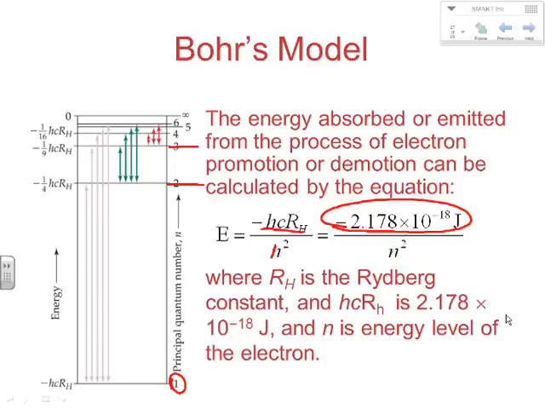Then you would calculate your energy with a 3 for N, and take the difference in those two energies, and you would see how much energy was absorbed or released when an electron jumped from the second to third. That would be absorption of energy, or fell from the third down to the second. So for the hydrogen atom, you can very accurately predict what types of energy you're going to get for different jumps and drops from different energy levels within the atom.